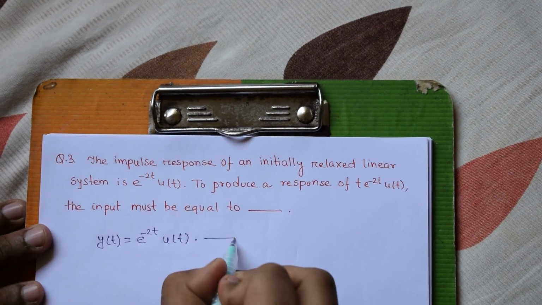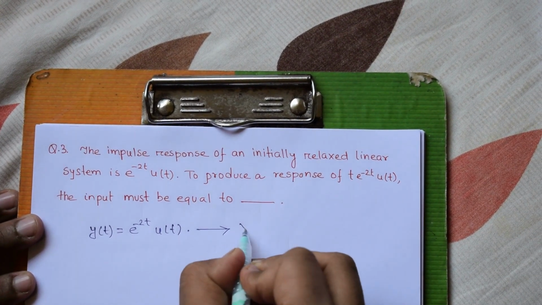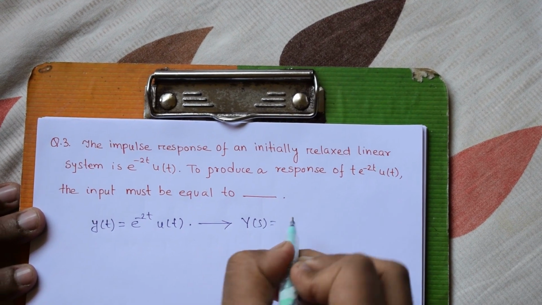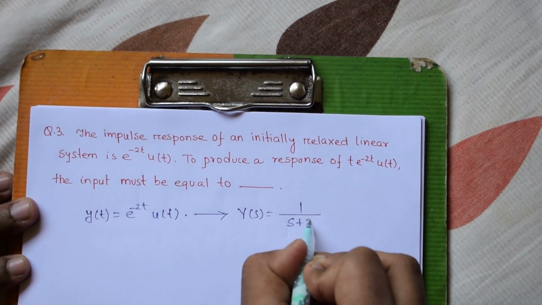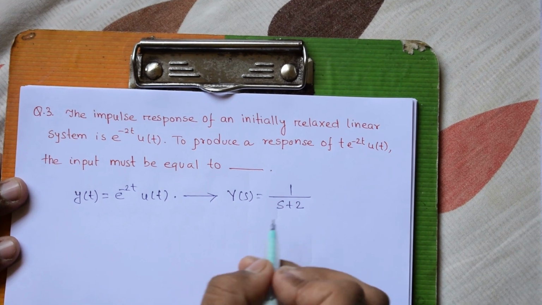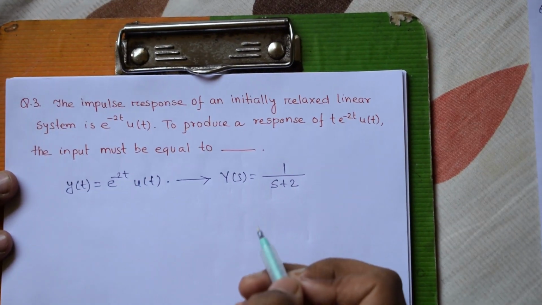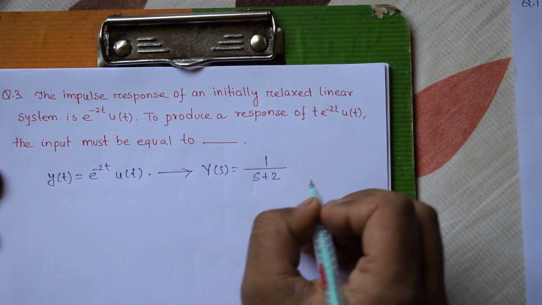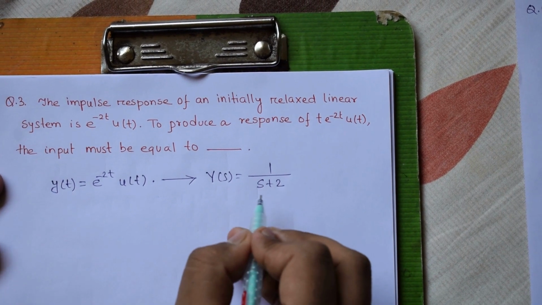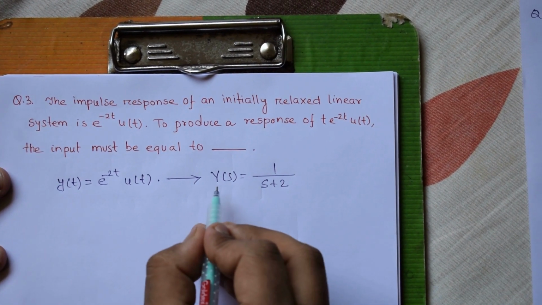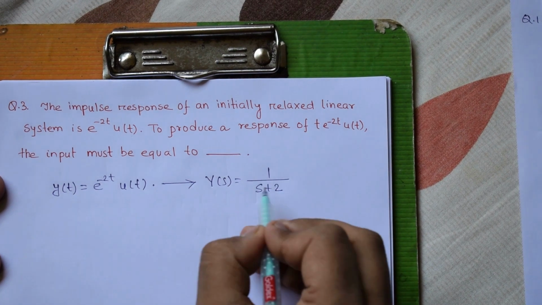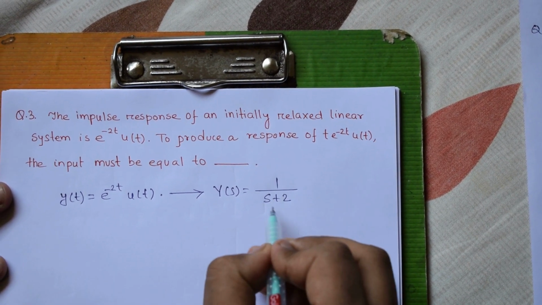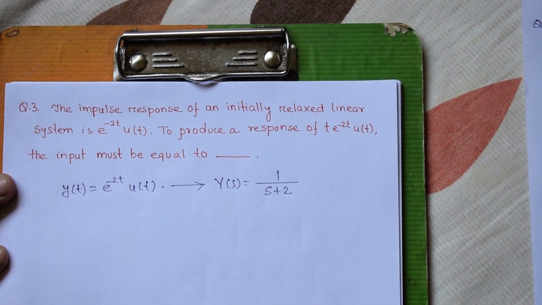So we first need to convert it into the Laplace domain. That is, Y of s equals 1 by s plus 2. I have used the same formula as I used earlier for this Laplace transform. So here Y of s is 1 by s plus 2, which we get after giving the input as impulse.